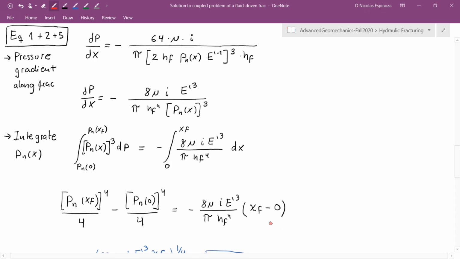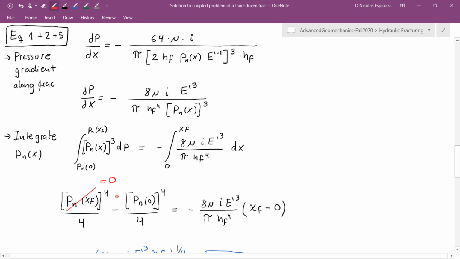I'm going to do one more thing over here, which is to assume that the net pressure at the tip of the fracture is equal to 0. That assumes that you don't have any pressure at the tip in excess of the least principal stress. It's an assumption that makes sense.